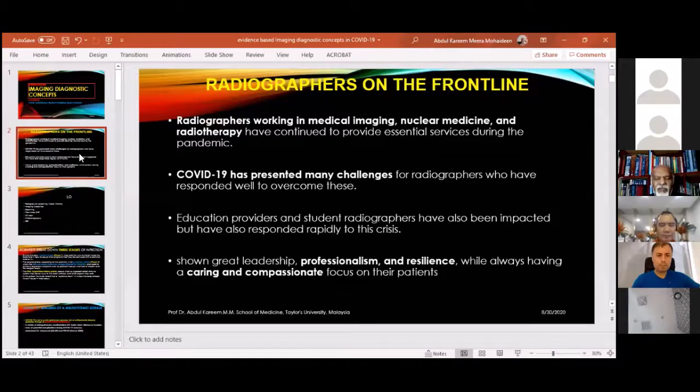We do not bother about the contamination. We take all the precautionary steps to avoid contamination for patients, other attendants, and everybody in that radiology section or radiology room. So, a great salute to the radiographers who sacrifice their time and everything for the sake of humanity.